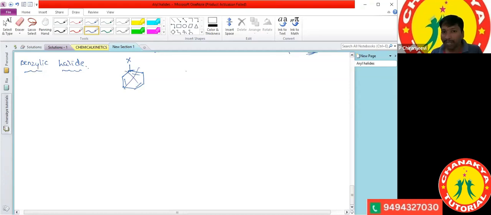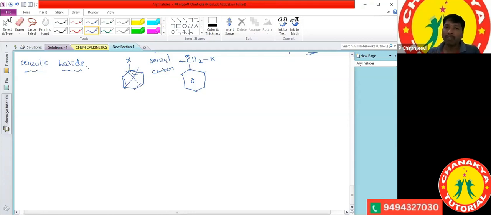So which one is the benzyl carbon? Here, the benzene ring is attached to an sp3 hybridized carbon atom, the first carbon atom, CH2X. This carbon is called the benzyl carbon. Everyone gets confused here because in JEE Main preparation, conversions are very important.